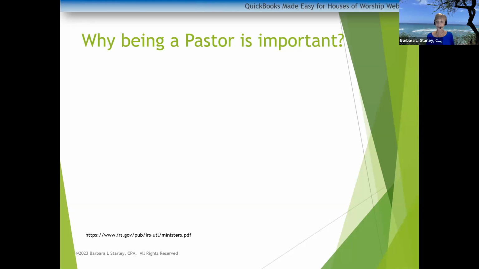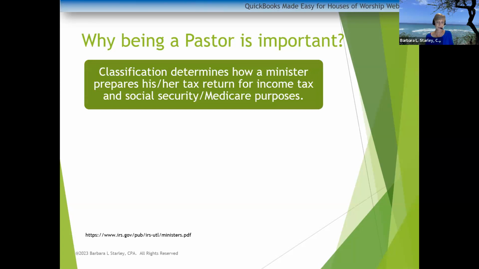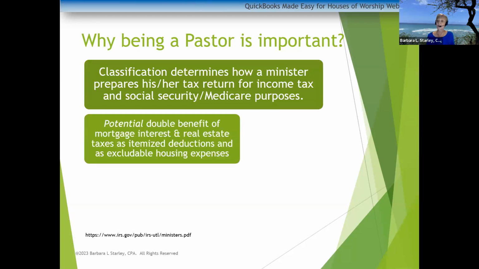But the reason that is important is because classifying yourself or your pastor as a minister affects how the minister is going to prepare his or her tax return for income tax purposes, as well as Social Security and Medicare purposes. We're going to go into a lot of detail on that.